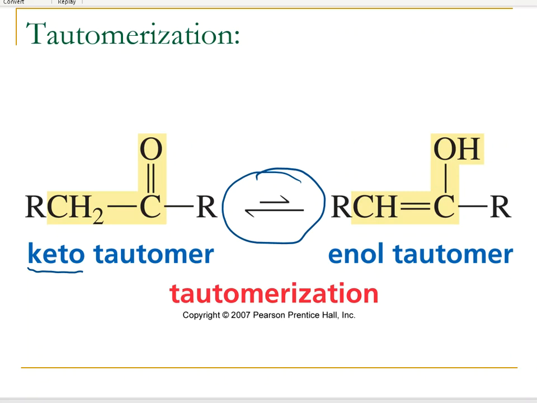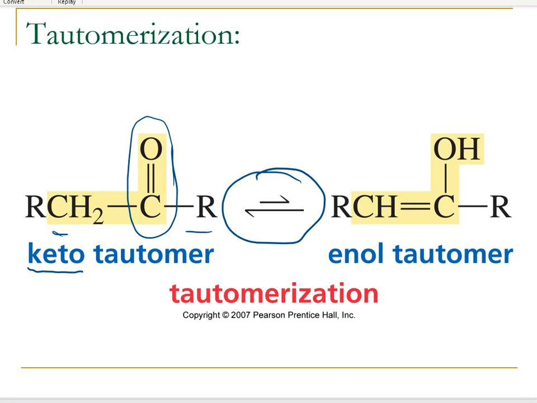And the big arrow that points left-handed points toward the side of the carbonyl, and we call that the keto tautomer. Why keto tautomer? Well, in this case, it is a ketone group. I see an R group here and an R group there, so that's why we call it the keto tautomer. So enol goes to keto, keto goes to enol, vice versa in this example.